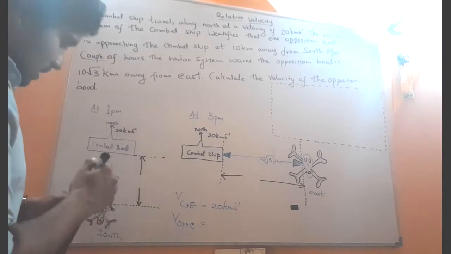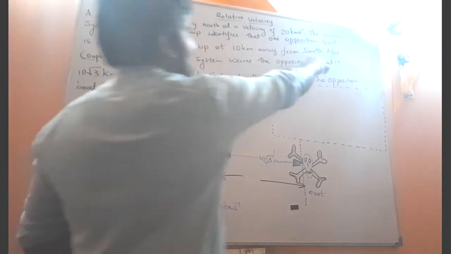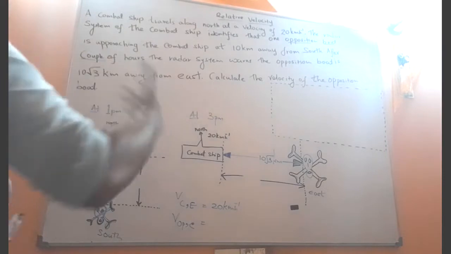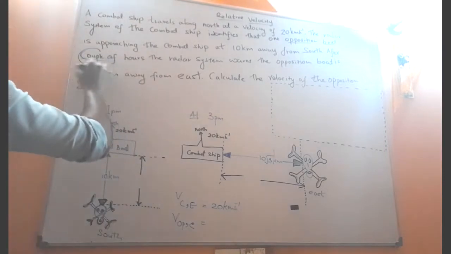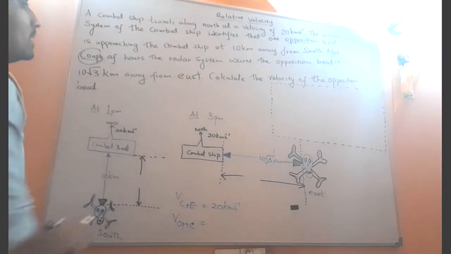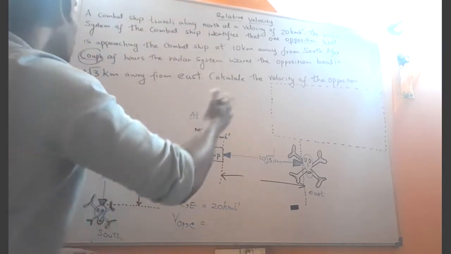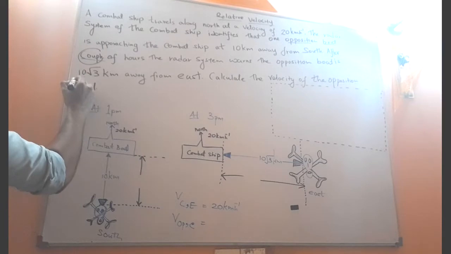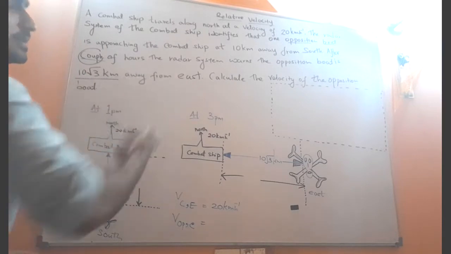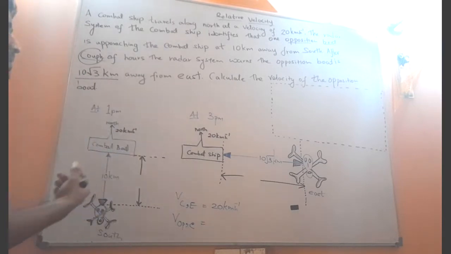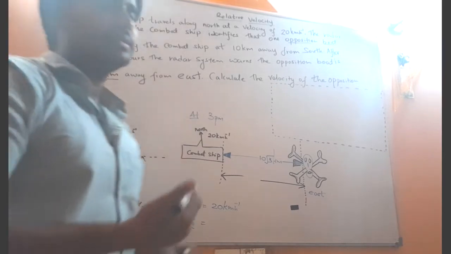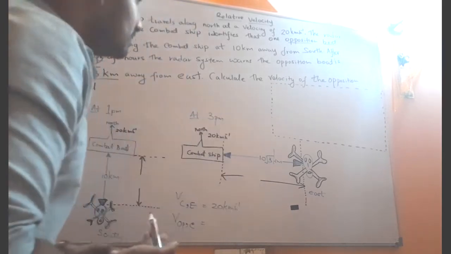Then after a couple of hours, so be very careful about this period, the radar system warns the opposition boat is now 10 root 3 kilometers away from east.